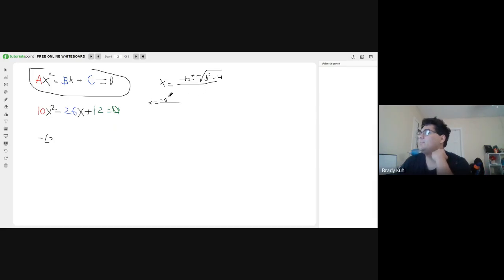Negative b plus or minus the square root of b squared minus 4ac, over 2a. And we'll be using this formula.